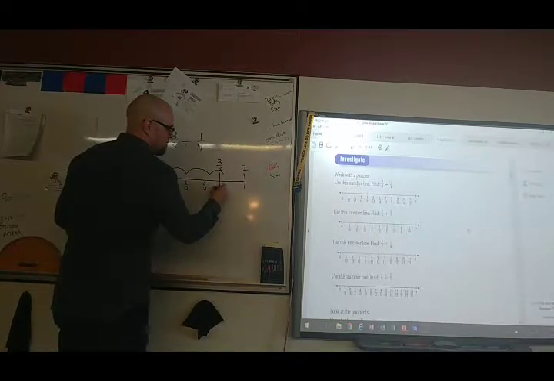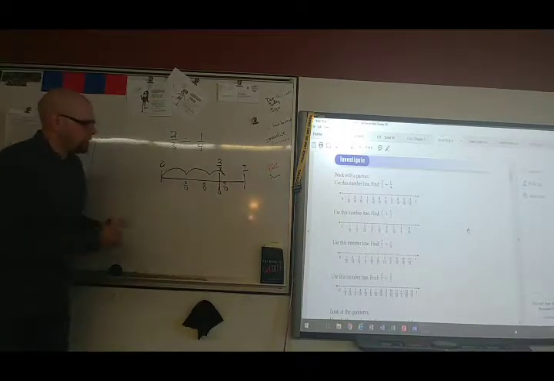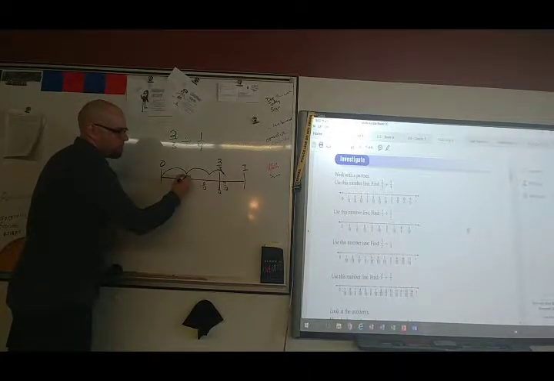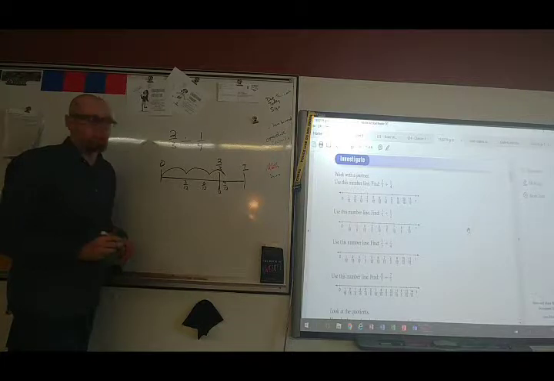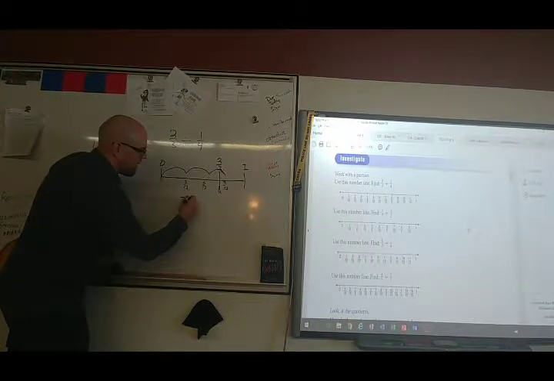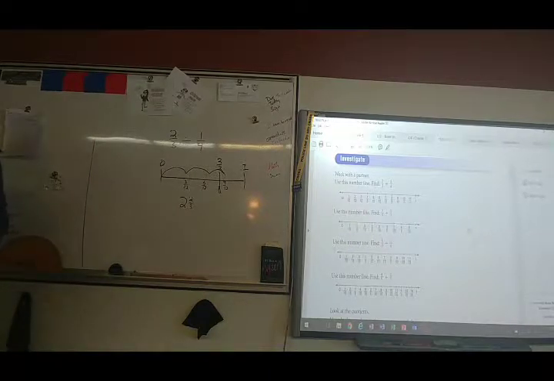This is equal to 8/12, but the next jump would have landed us at 9/12. So what we had is 1 whole jump, 2 whole jumps, and then 2 out of 3 of the final jump. So that was 2 whole jumps and 2 out of 3 of the final jump.